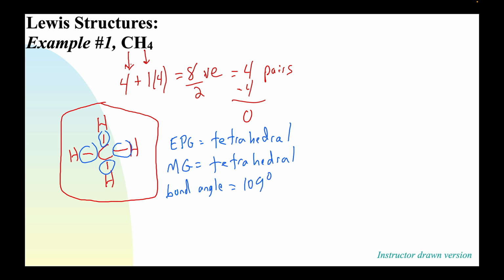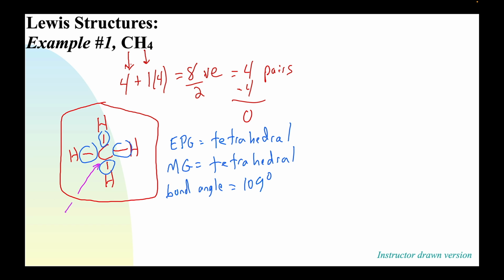If you're a math person in a tetrahedron, it's actually 109.5. I don't mind if you write that. 109 works fine for us here. And the last part of these questions is that once you know if it's polar or nonpolar. Now, if you look at this molecule, everything around that central atom is nothing but hydrogens.